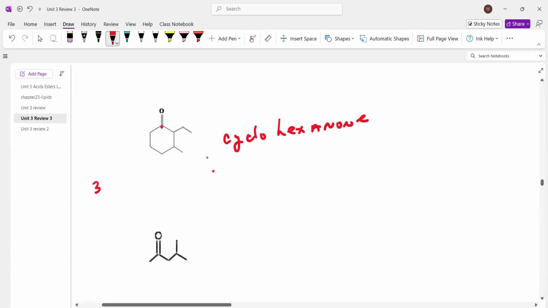So it's 3-methyl, 2-methyl, cyclohexanone. Okay, we have another ketone down here. It's got 1, 2, 3, 4, 5. So that's a 2-pentanone. And it's got a branch at 1, 2, 3.